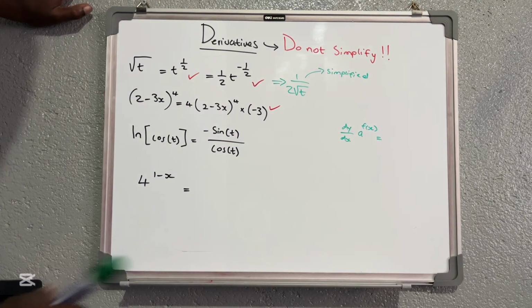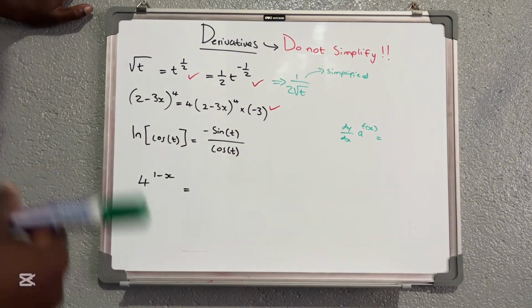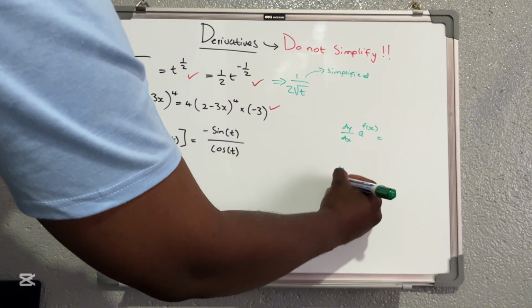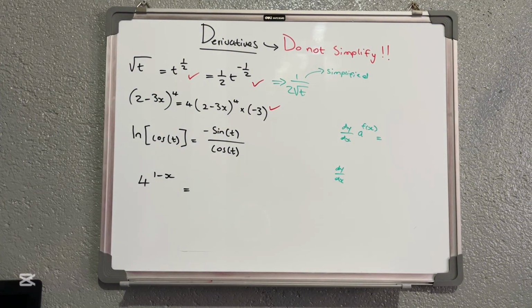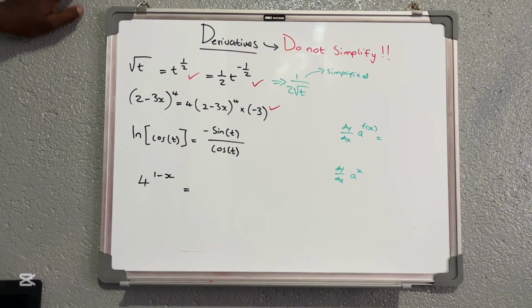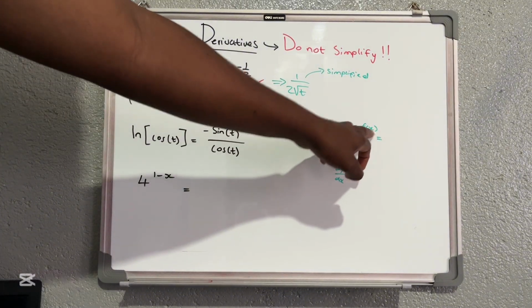There is also another rule for dy over dx of a to the exponent x. In this instance, we're having a function here.